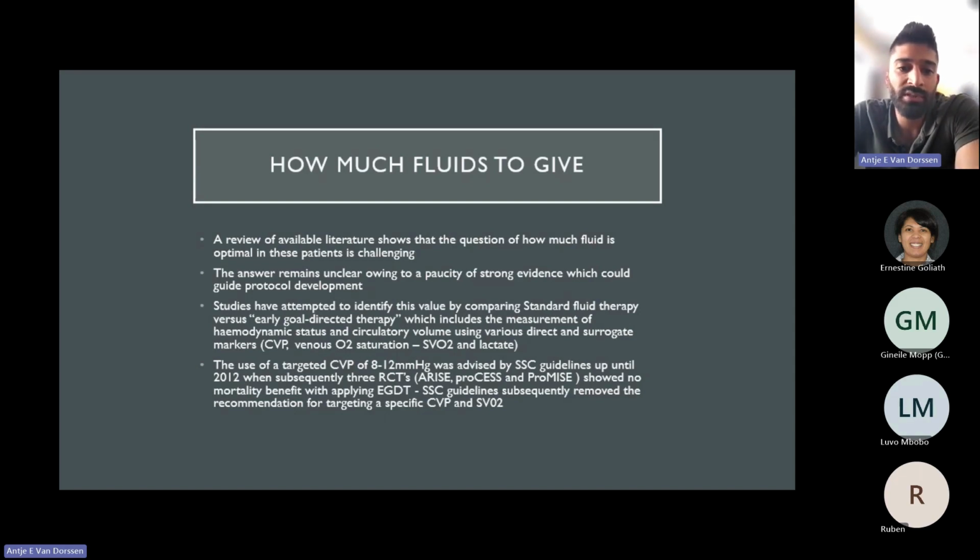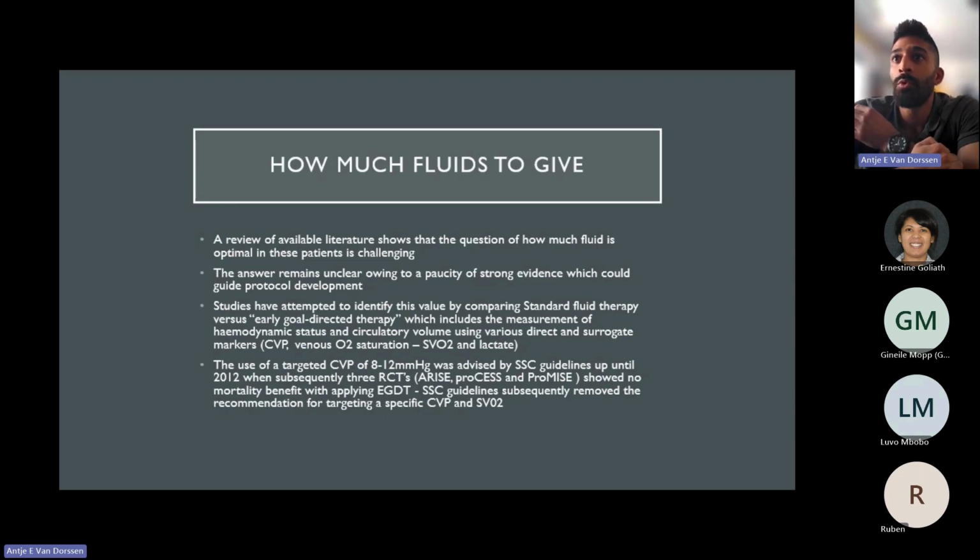And the use of a targeted CVP value of 8 to 12 millimeters mercury was actually advised by the Surviving Sepsis Campaign guidelines up until 2012, when subsequently 3 randomized controlled trials, specifically the RISE, PROCESS, and PROMISE trials, showed no mortality benefit with applying early goal-directed therapy.